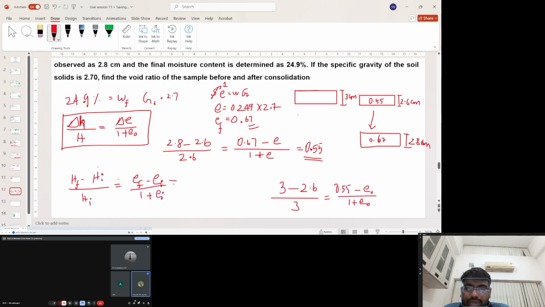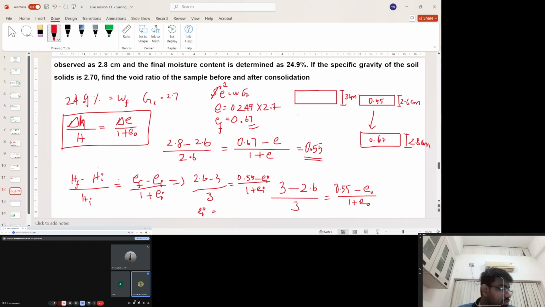So H final here will be 2.6 minus 3 by 3 is equal to e final, which is 0.55, minus e initial by 1 plus e initial. Now you can calculate, and you will get the proper values.